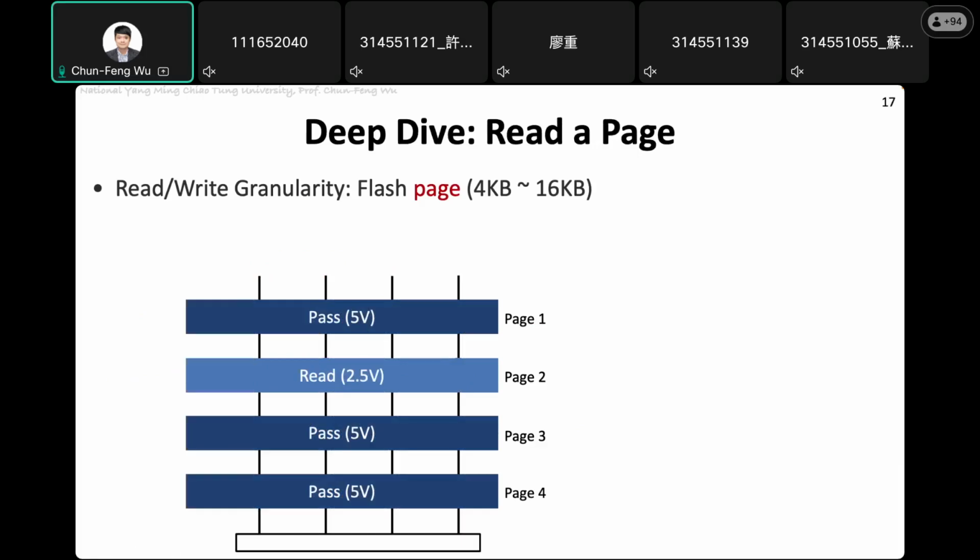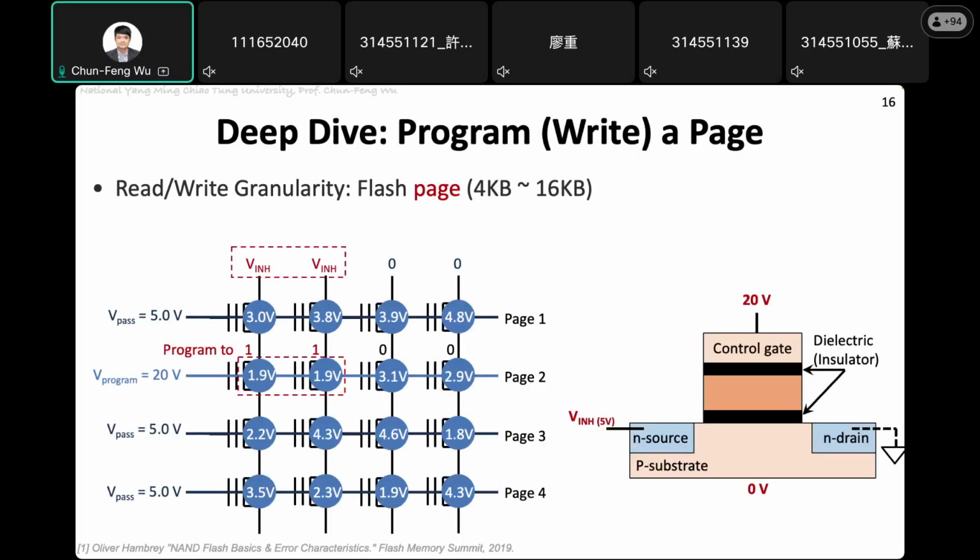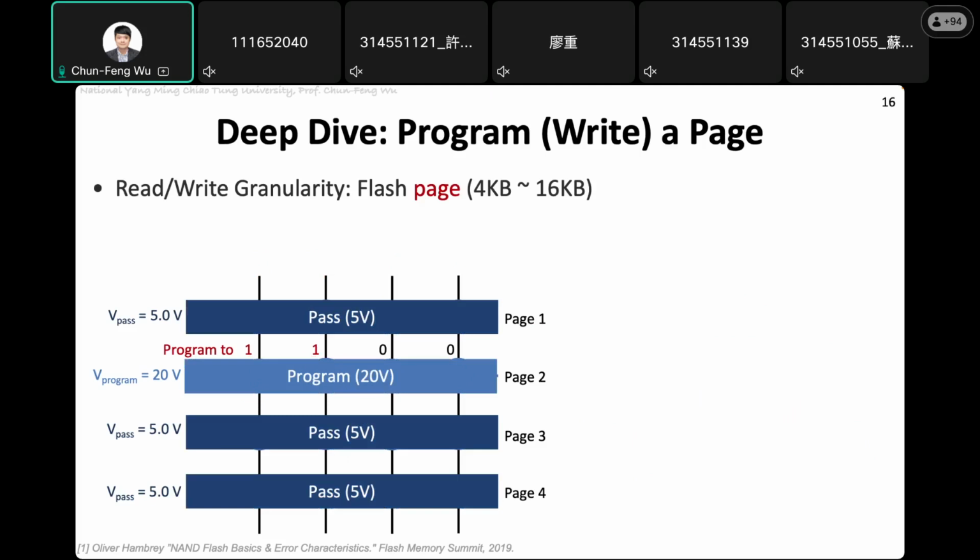Oh, sorry, I missed one thing. The reason that when we write the data, we apply the 5 volt on all the other word lines is because 20 volt is super high. You can think of this like a circuit, and those wires are very close to each other.